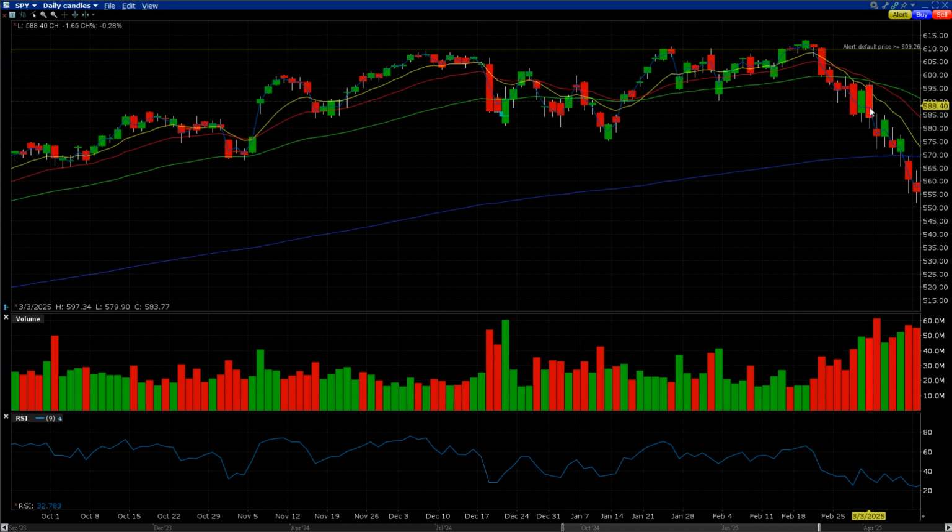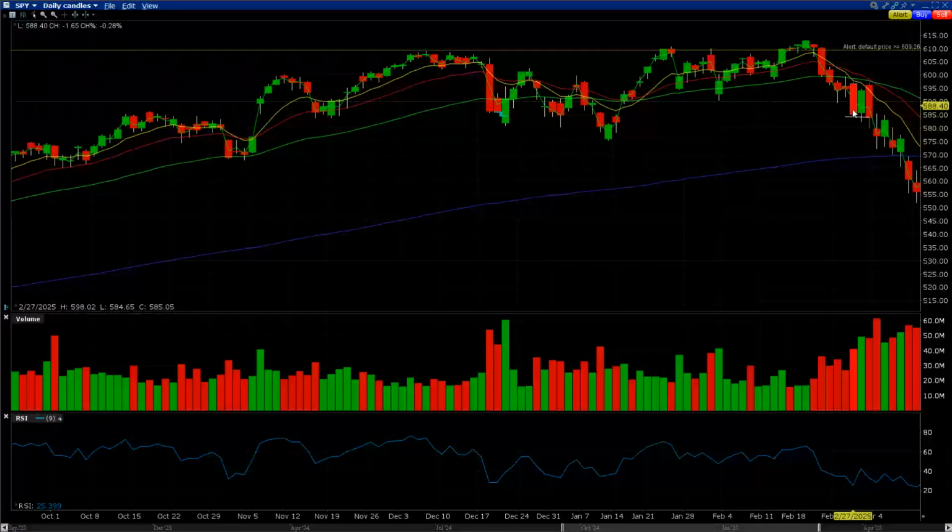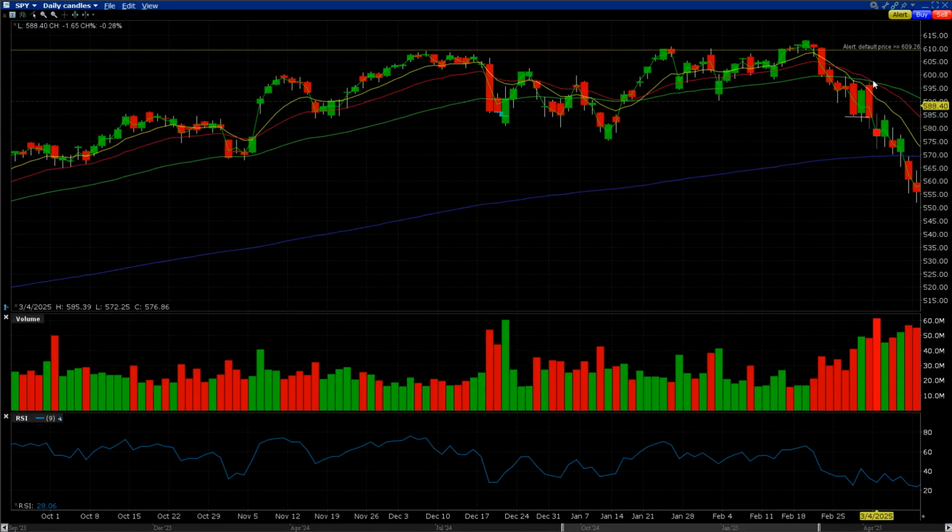The low close here was 583.77. So it closed below this level here. Okay. I need to get a close below this outside bar. It closed below this. That's great. All right. But in and of itself means nothing. I want the outside bar to have a close below it.